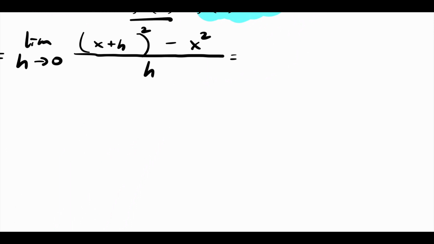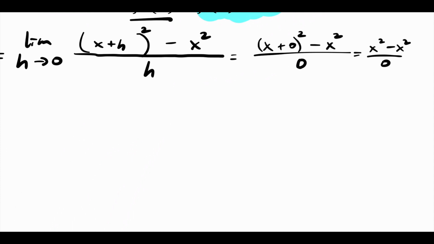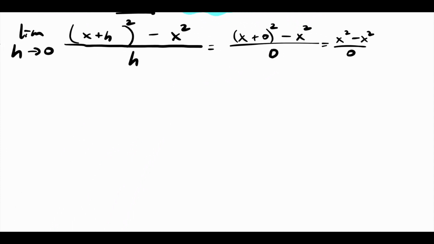So let's do that. x plus 0 squared minus x squared over 0. Okay. So x plus 0 is just x. So x squared minus x squared over 0. x squared minus x squared, 0 over 0.